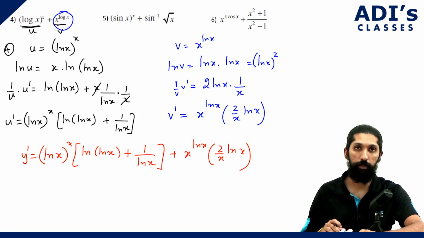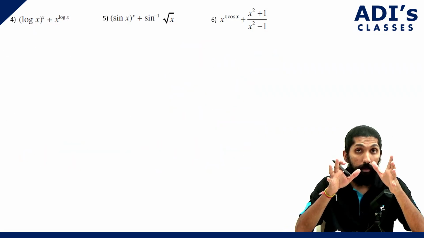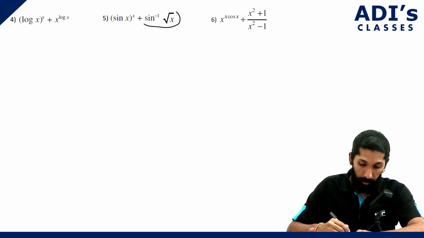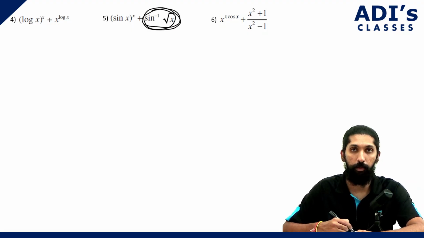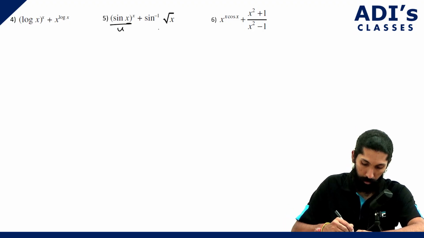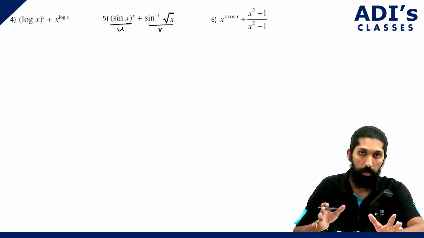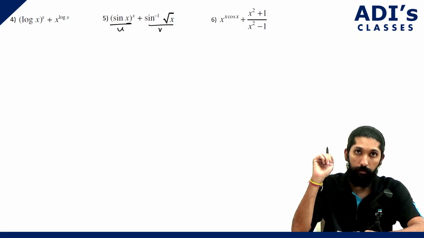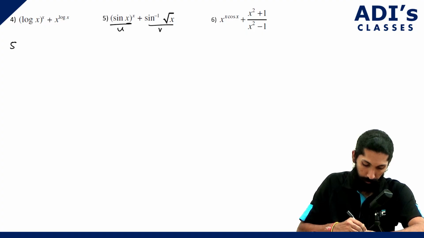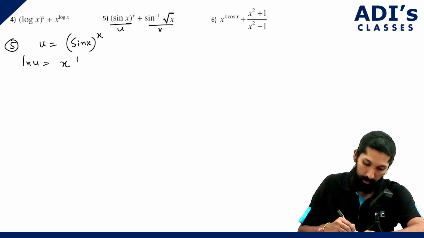Alright, now let's do the fifth one. Here you need to understand, there is no need of taking log for this particular function. Instead, we'll take this as u, take this as v, but do not take log v. That's the only difference. Take log u, but not log v. Fair enough? Now, for the fifth one, again, u is equal to (sin x) to the power of x. Log of u, correct, is equal to x into log of sin x.